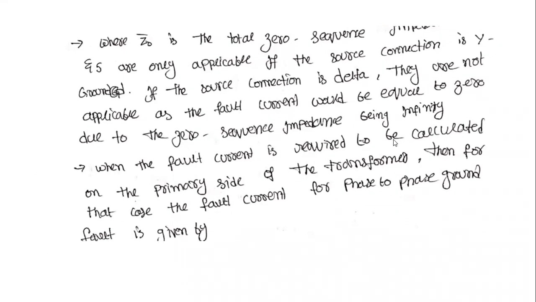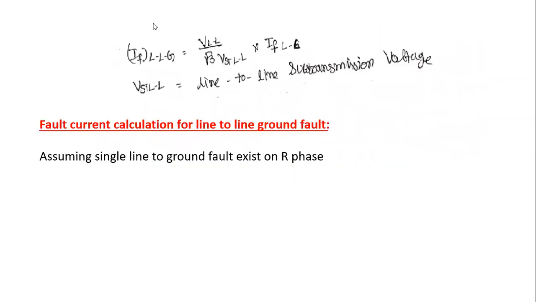Therefore, when the fault current is required to be calculated on the primary side of the transformer, the fault current for phase to ground faults is given by IF double line to ground fault is equal to VLLN by root 3 into VSLL into IFLL.